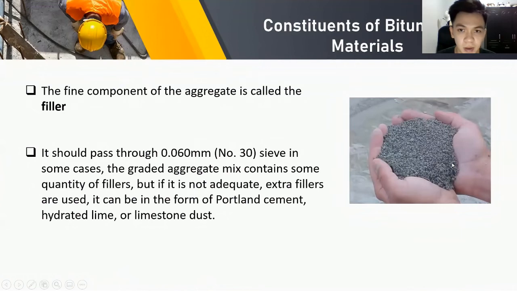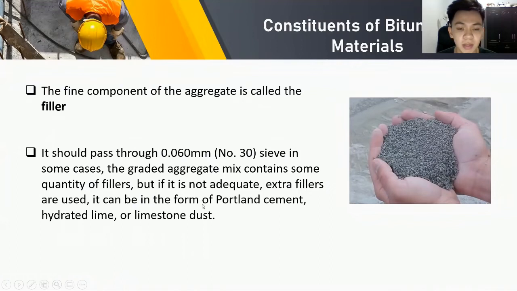Okay? Sabi nga nun, the fine component of the aggregate is called the filler. In filler, it should pass through 0.060 millimeter. Ito, 0.060 millimeter sieve. In some cases, the graded aggregate mix contains some quantity of fillers, but if it is not adequate, extra fillers are used.